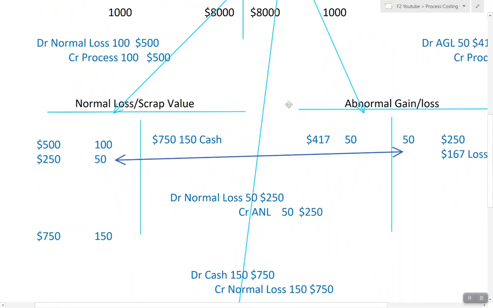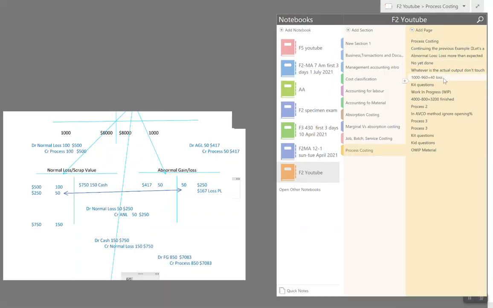You can easily take something from one account to another account. So if something is debit and you want to take it to another account, you credit that account and debit the account wherever you want to take it. If something is credit and you want to take it to another account, you debit the account and credit the other account wherever you want to take it. So the same thing will happen with abnormal gain.